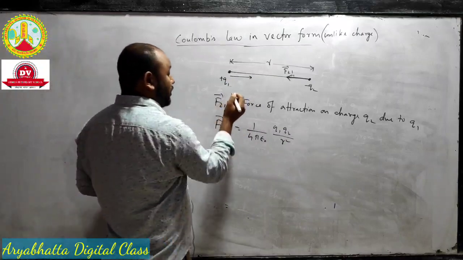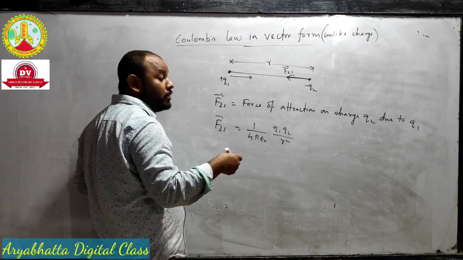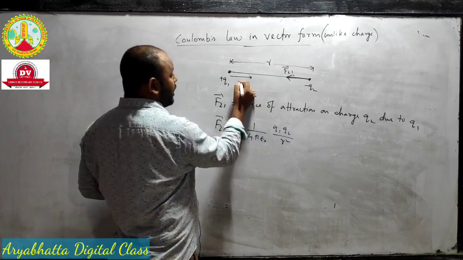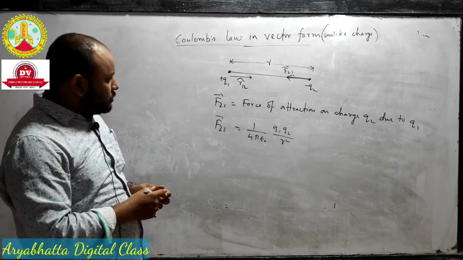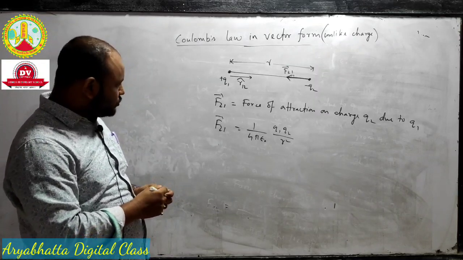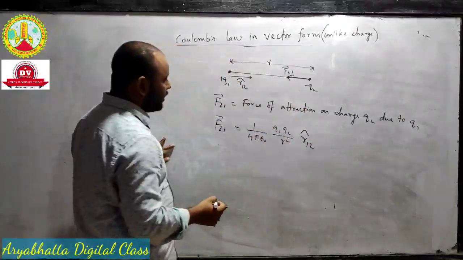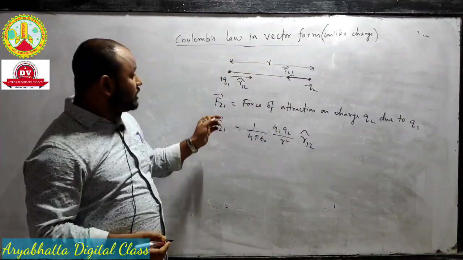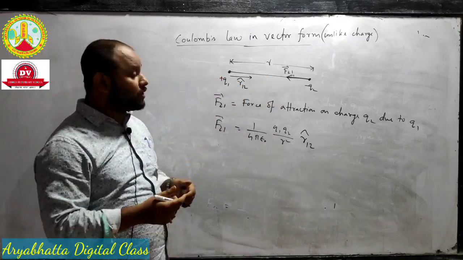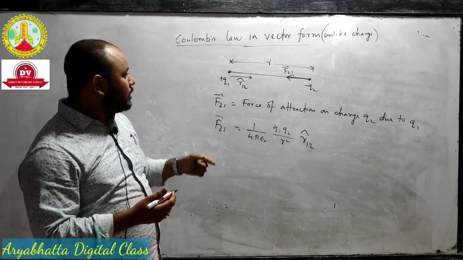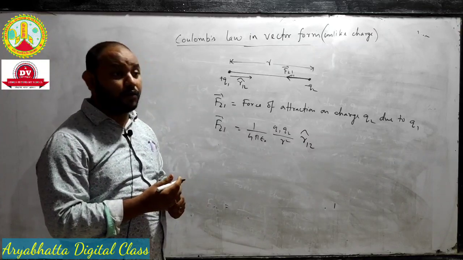That means R1 to 2. You can see the direction of the force F21 and the position vector R12 are opposite.